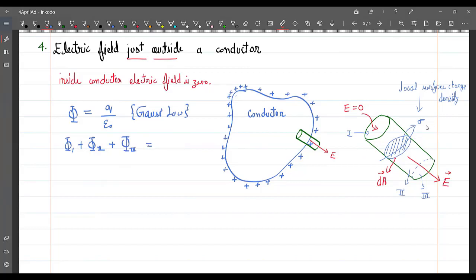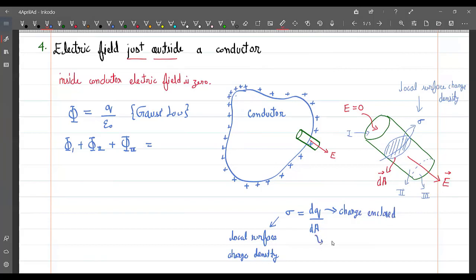And charge here will be sigma times dA. Okay, if you want to calculate charge on this, let us call it dq. So sigma will be dq by dA. What is sigma? Sigma is local surface charge density. This is charge on this, charge enclosed. dq is charge enclosed.